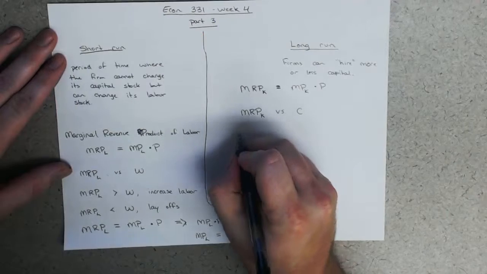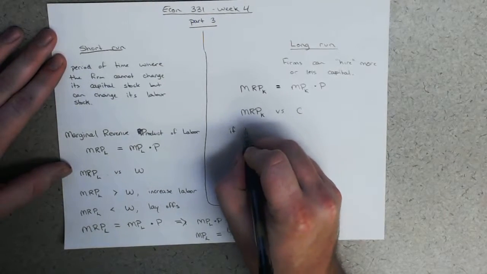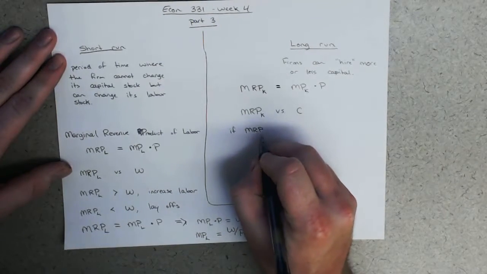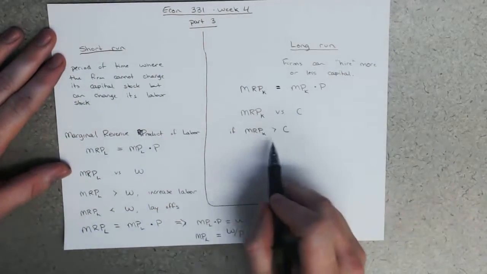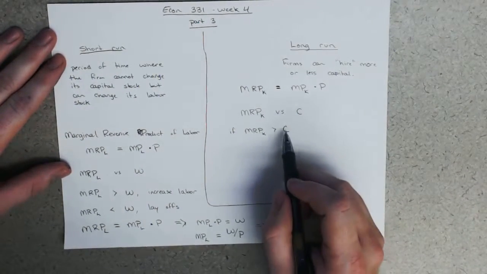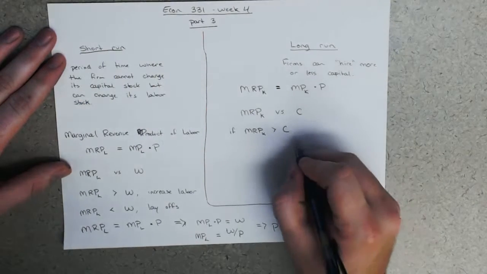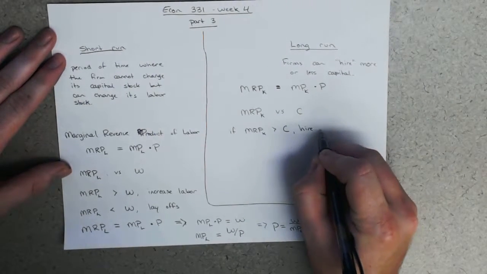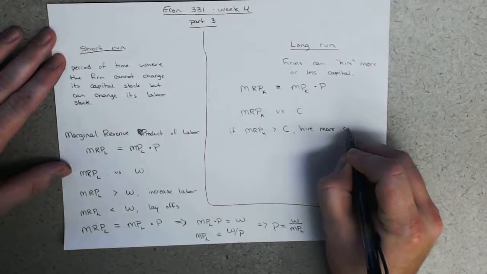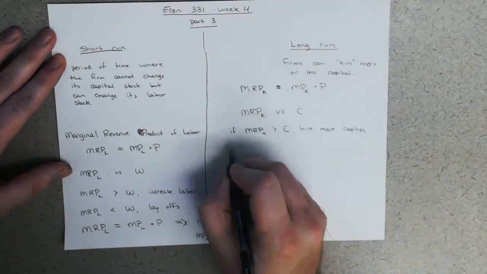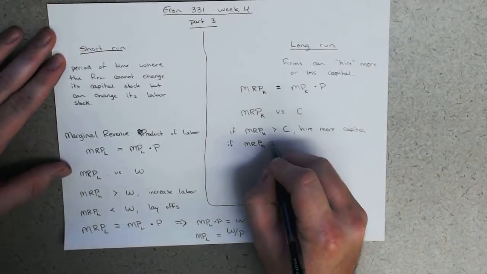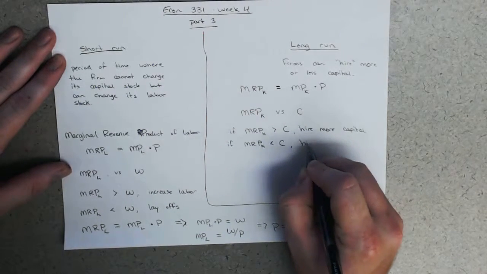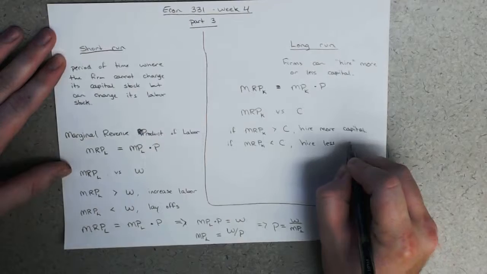So again, if MRPK is greater than C, so if one more unit of capital brings in more money than it costs, hire more capital. If MRPK is less than C, hire less capital.